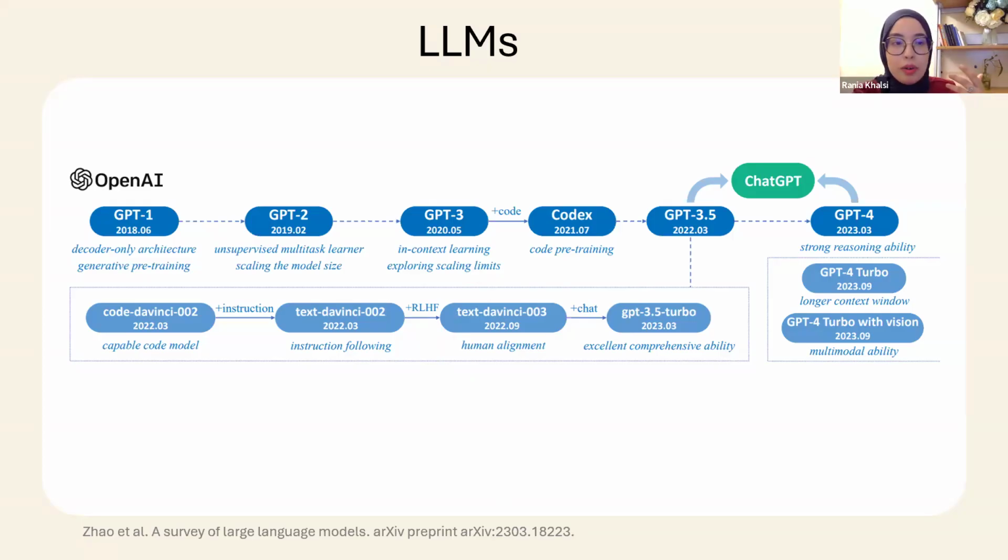Building on this, we have GPT-4, which expands this architecture with true multimodal capabilities. This allows the model to process different modalities like text, images, and even more. Together, these milestones, like GPT-3.5 in particular and GPT-4, form today's foundation of ChatGPT.